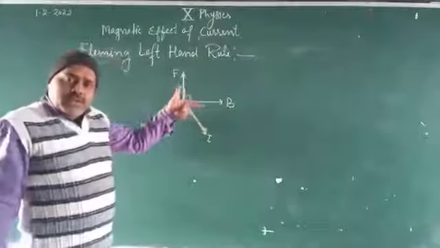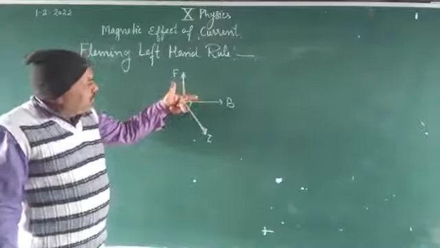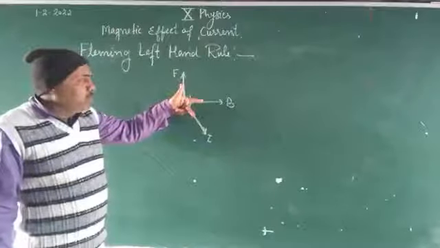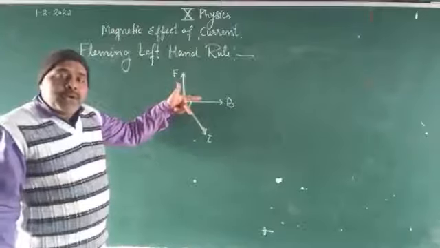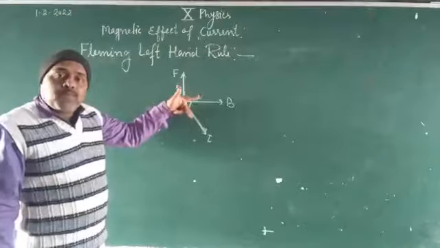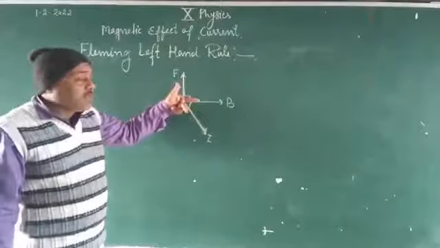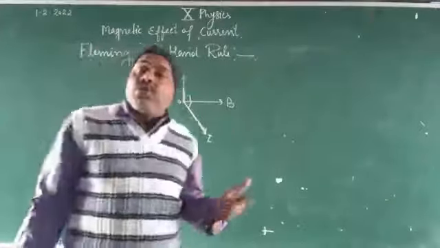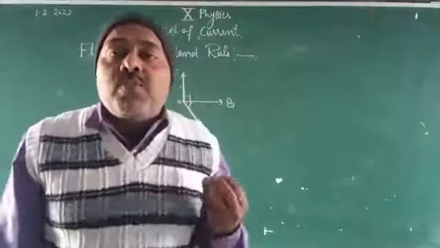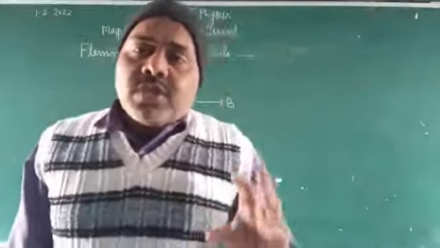In such a way, the first finger gives us the direction of magnetic field, and the central finger is pointing the direction of current. Then our thumb gives us the direction of motion of conductor or the direction of force also. Because this is the direction of force.